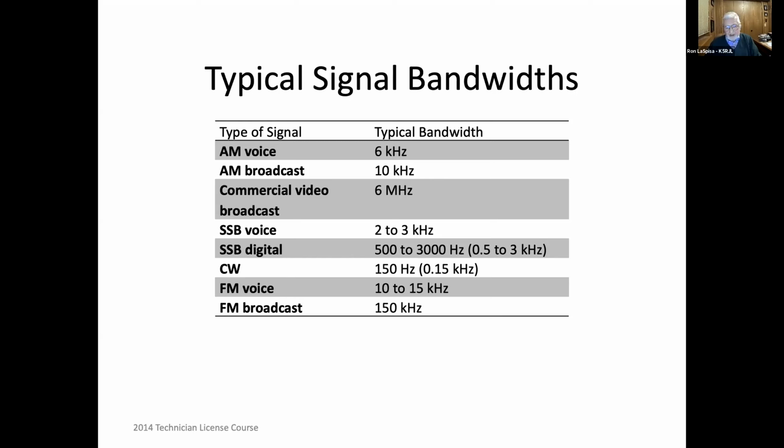So you can think of Morse code being very, very narrow bandwidth. In fact, the bandwidth of CW is very small, 150 hertz. Now remember how small that is compared to 6 kilohertz. This is 6,000 hertz, and here we're at 150 hertz. So that's extremely narrow for the bandwidth requirements for Morse code.